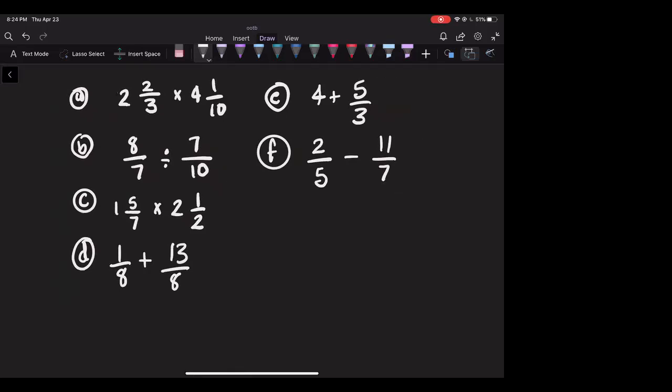Remember, the first step is to make them into an improper fraction, right? Yeah. I finished the first one.